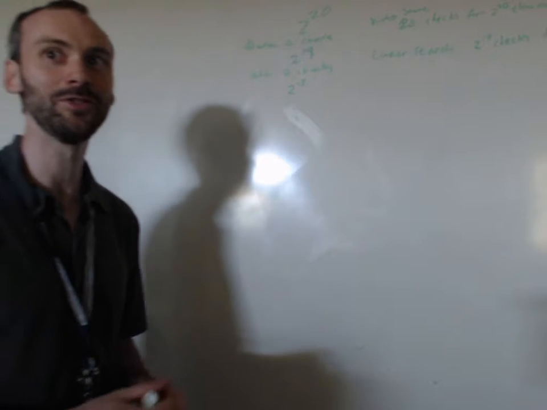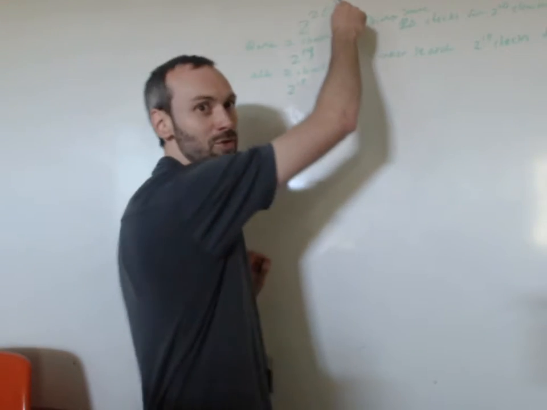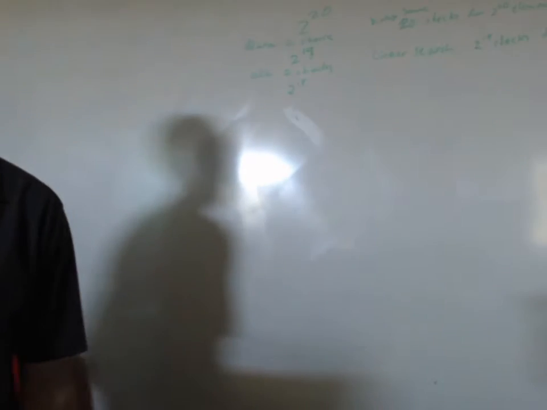If it was 2 to the 20th, that's not 20. You did it backwards. It's not 2 to the n, it's n squared. No, that was the wrong backwards.